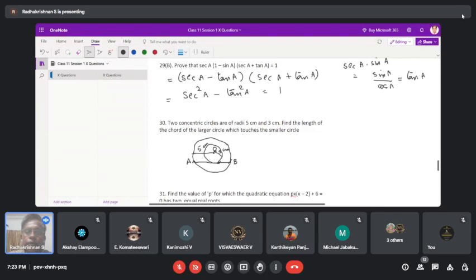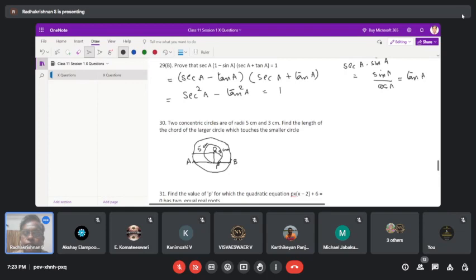It is given this radius is 5 and this radius is 3, and you are asked to find the length of AB, where, let us say this point is P. AB is a tangent to the smaller circle.